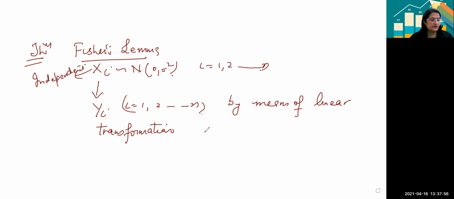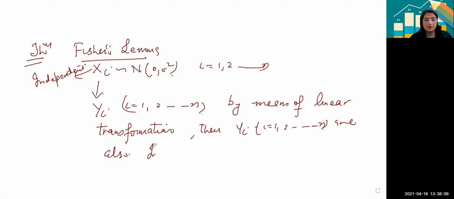Okay? Then yi, i equal to 1, 2, 3 so on up to n, are also, we have to prove, independent normal variates with mean 0 and variance sigma square.